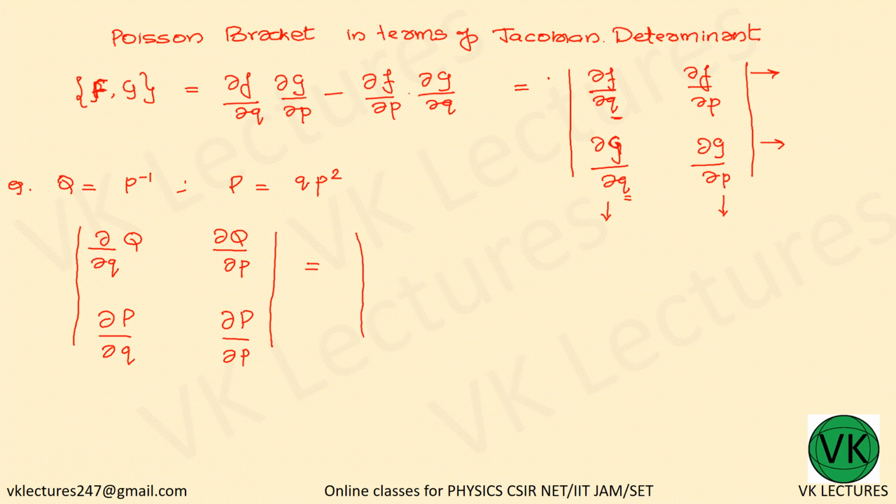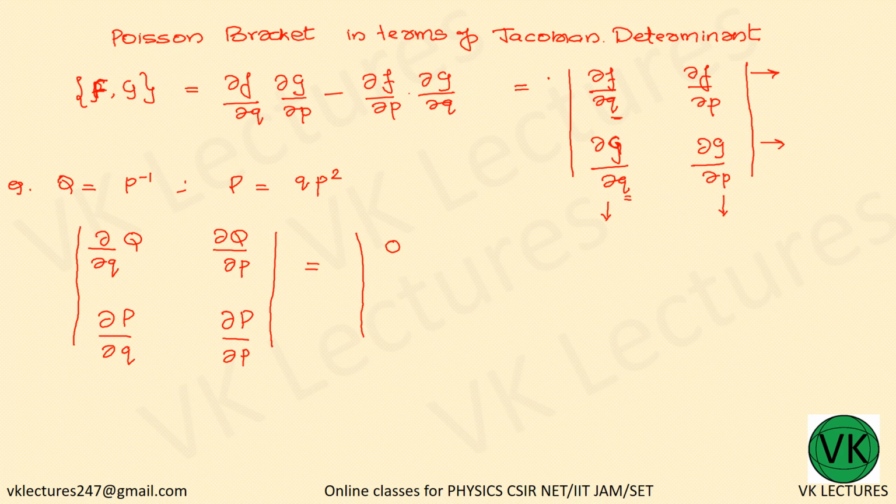Now let us write down the derivatives. With respect to q, you are differentiating this, which is ultimately 0, and dou capital Q by dou p, that is with respect to p, you will get minus q by p squared.